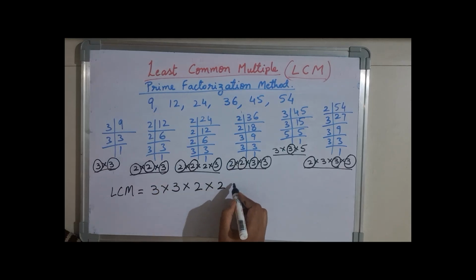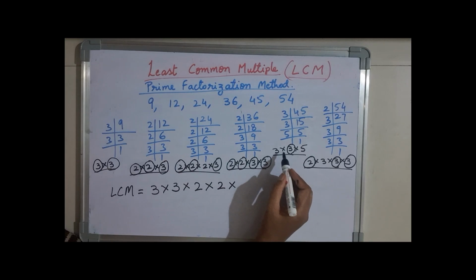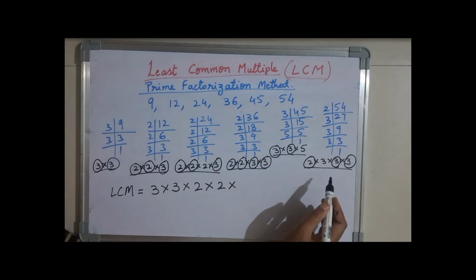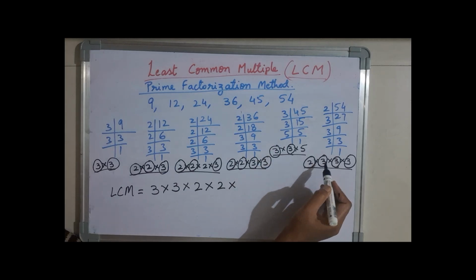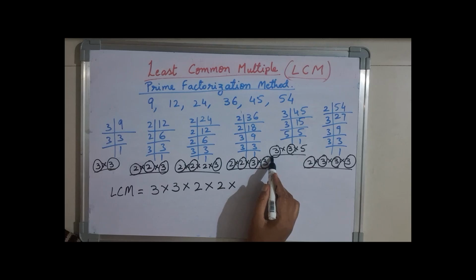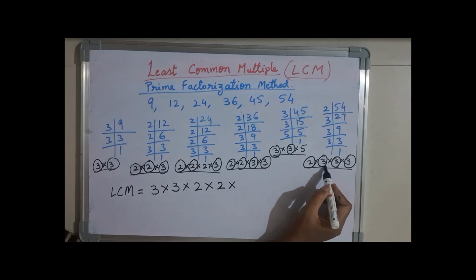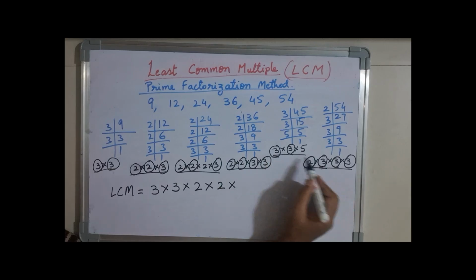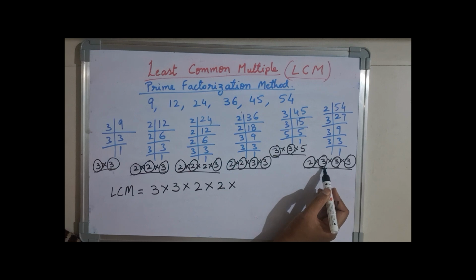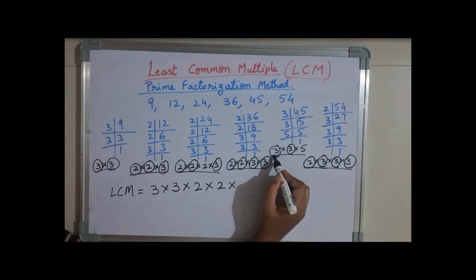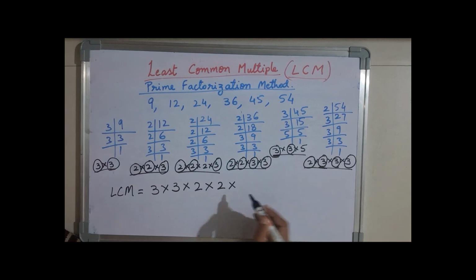I am writing 2 here again, and next, here we can see this 3 and this 3. Whatever prime factors are common in at least two prime factorizations, we have to take that number here, children.